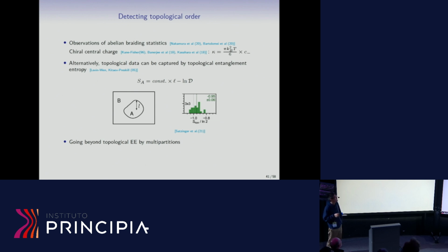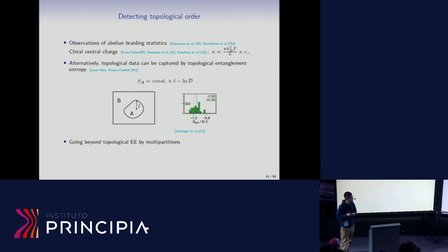One way to introduce topological entanglement is to look at the subleading contribution to the leading area law contribution to the entanglement entropy of subregion A. This number, minus log D, captures the universal information of the topologically ordered state.